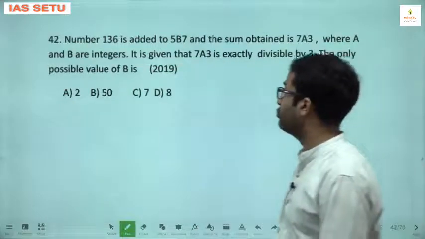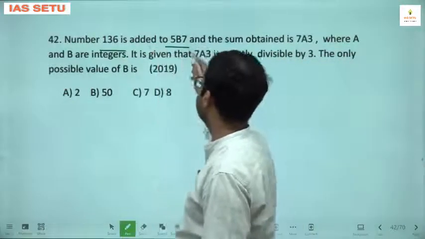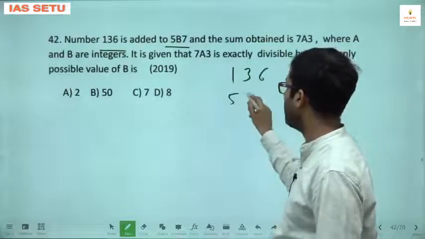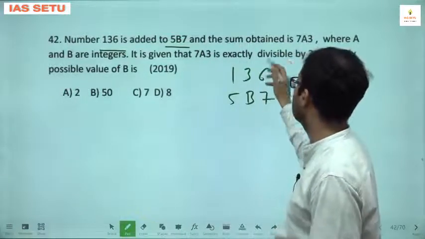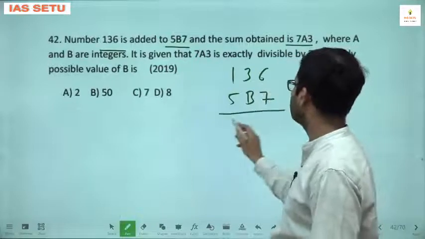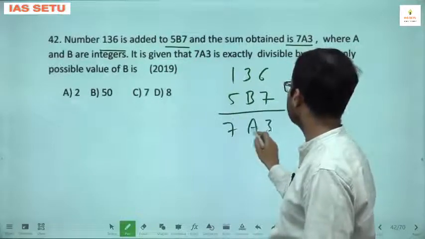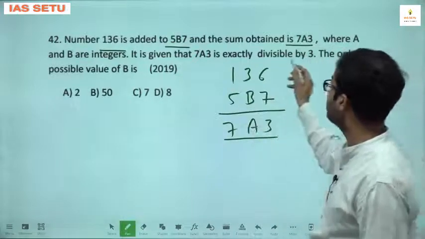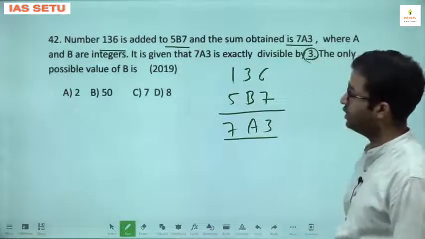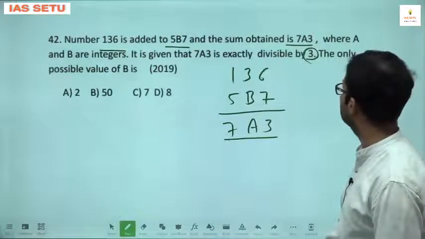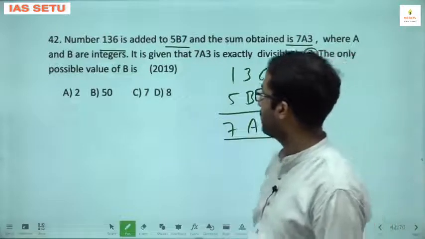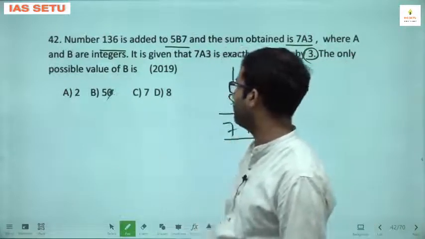Question number 42. The number 136 is added to 5B7, and the sum obtained is 7A3, where A and B are integers. Given that 7A3 is exactly divisible by 3, the only possible value of B is... Here it is 5, it cannot be 50.